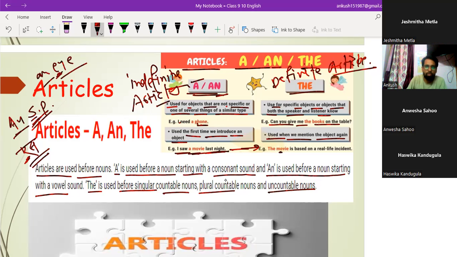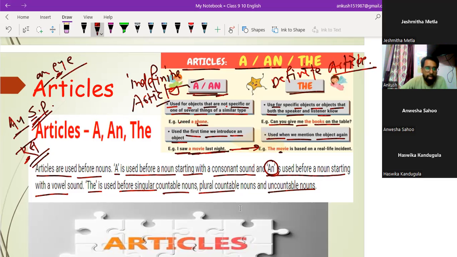Whenever there is a vowel sound, which article is used? It doesn't matter if the letter is a consonant; if its sound is pronounced as a vowel sound, then "an" would be used before that.